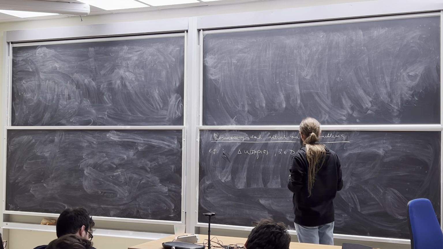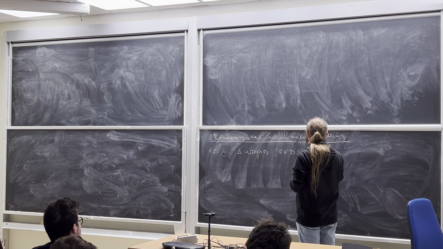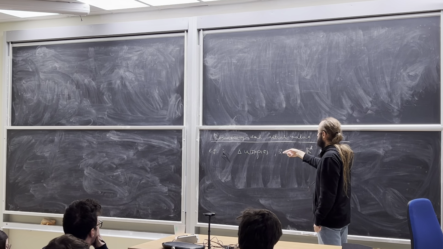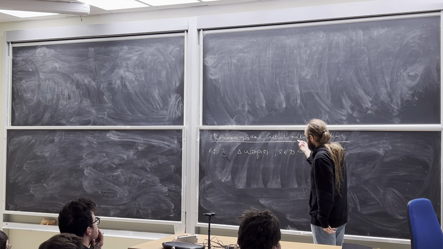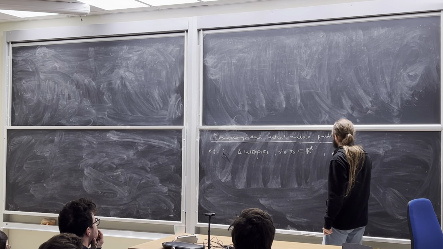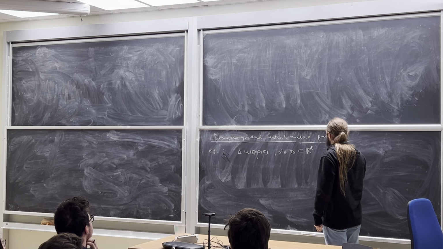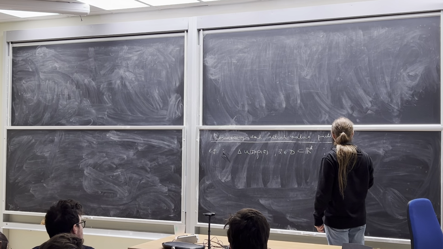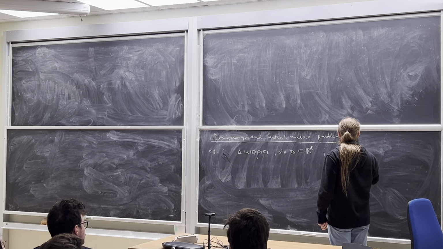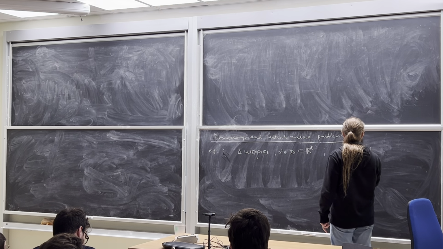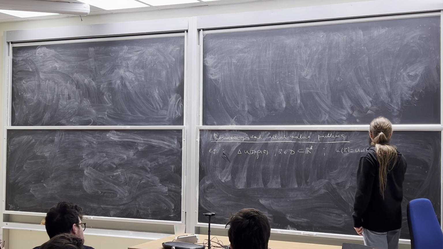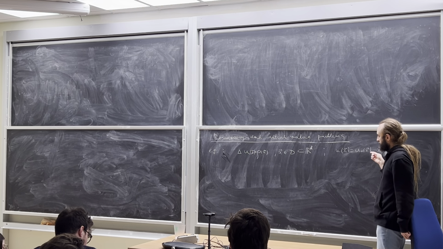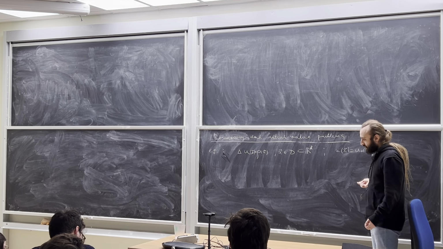Let's put R^D. And we also have some condition on the boundary, that u of x equals some u0 of x, where u0 is given, for x in the boundary of this domain.